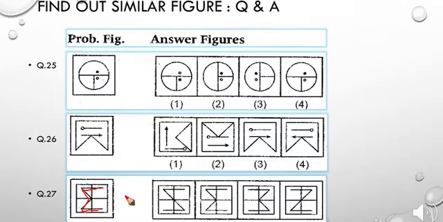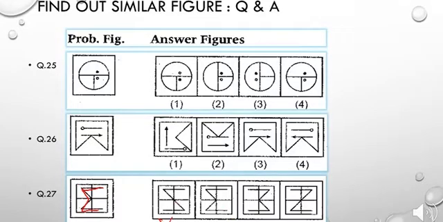So let's check. In option 1, outer design is okay, that is square. Can we see W here? No, we can see Z in place of W, so this can't be the answer. In the next option, yes, we can see a Z, so this could be the answer.